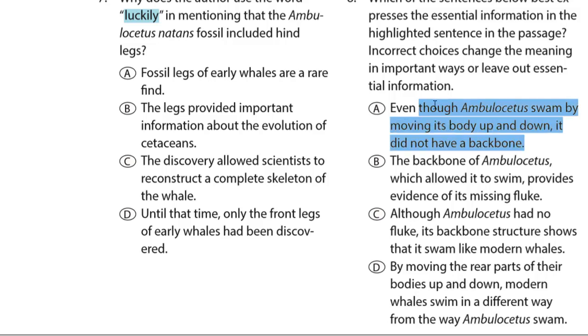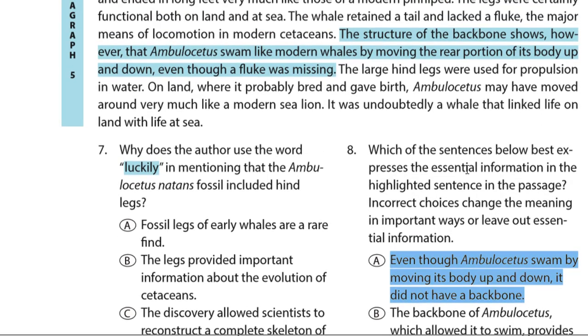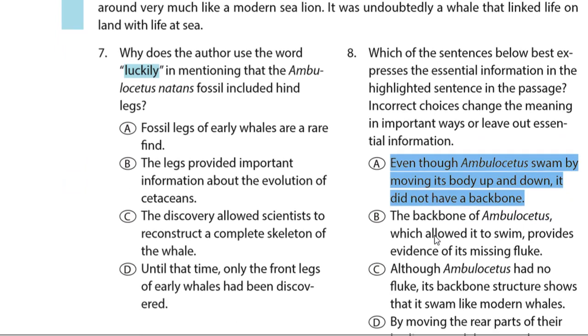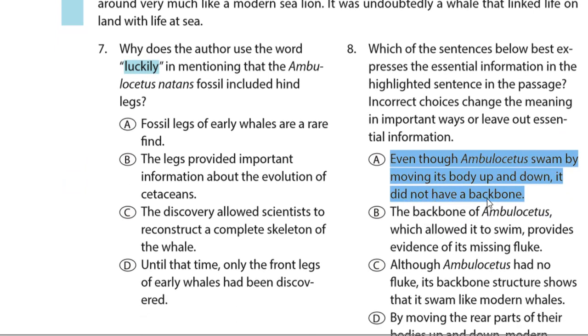No, this is not a good answer because it actually refutes the sentence, because it says here the structure of the backbone shows. That means it has a backbone that shows something, proves something. But here it says did not have a backbone. So this one is wrong.